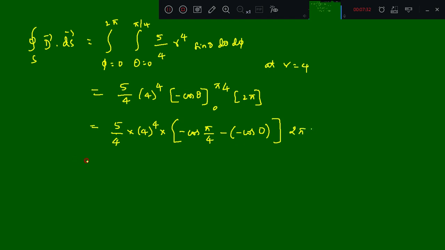So using a calculator you can get the answer. This value you will get as 588.896 coulombs. Okay, this is the left hand side, that is LHS.